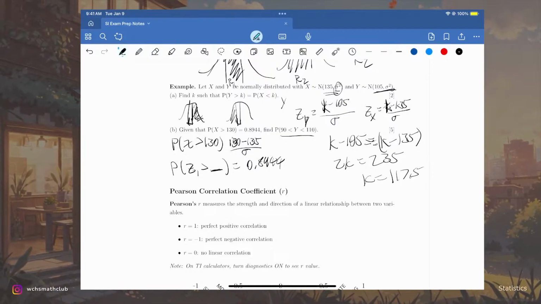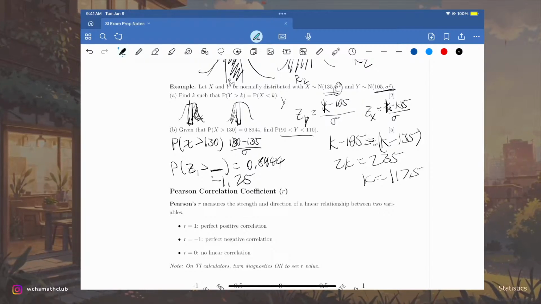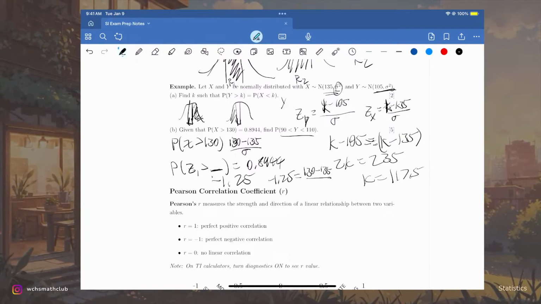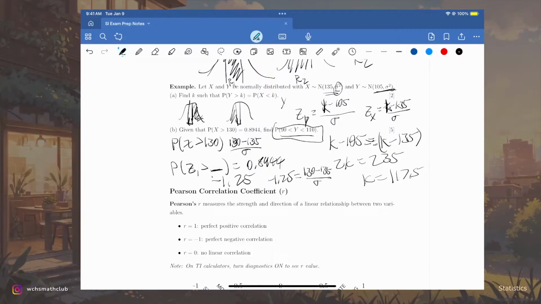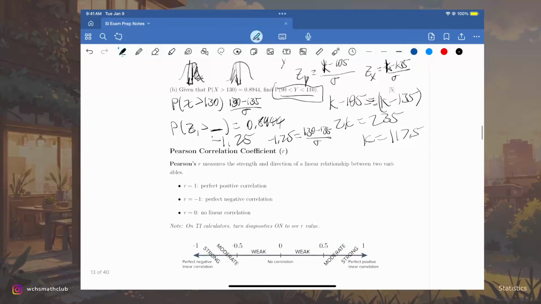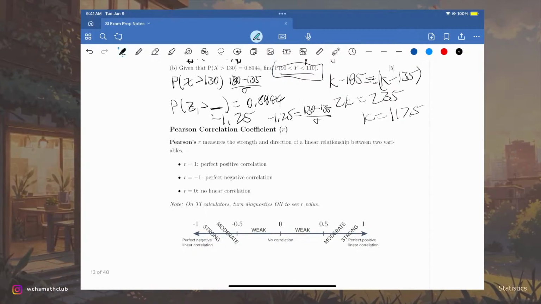Get that the Z-score is equal to negative 1.25 or so. So now we have negative 1.25 is equal to 130 minus 135 over the deviation. And we can find the deviation from there. Once we have the deviation, this part becomes pretty easy. You'll just put it into your calculator with all the values that you have.